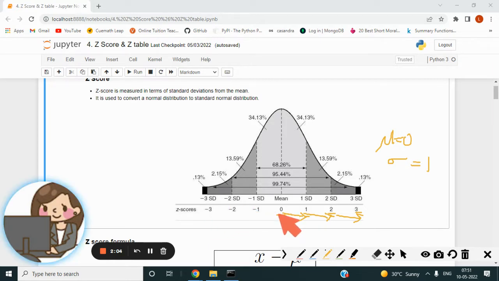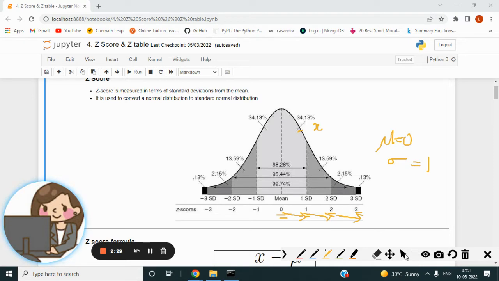Now, in order to convert a Gaussian curve to a standard normal distribution like this, first you have to find the Z-score. If in the normal graph X is a particular point, then its corresponding Z-score will be the point in the standard normal distribution.